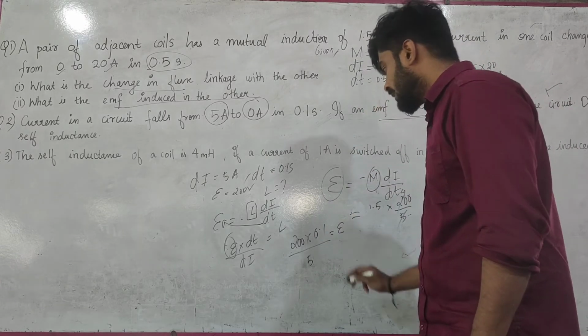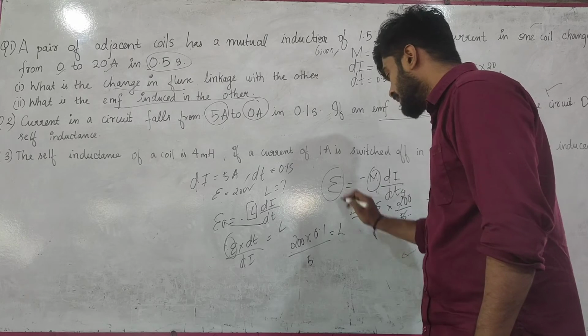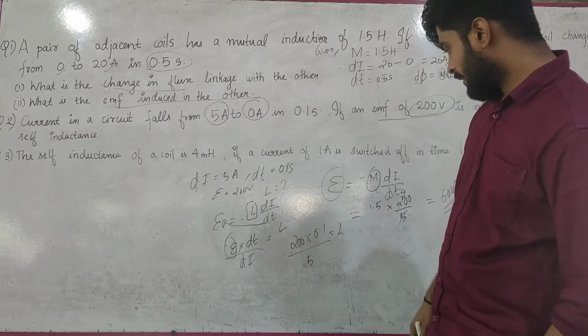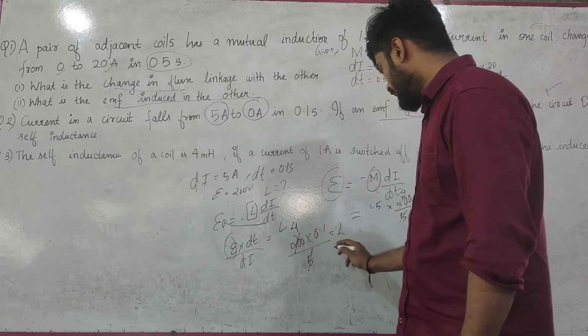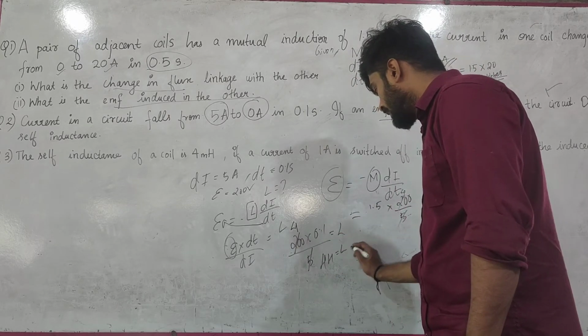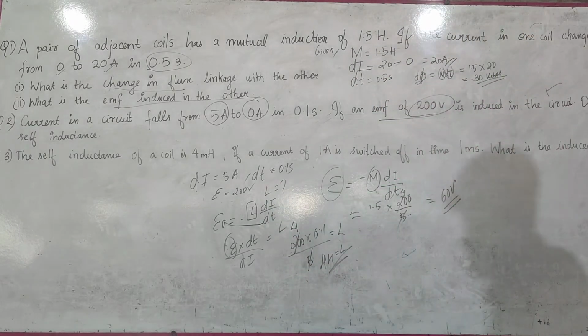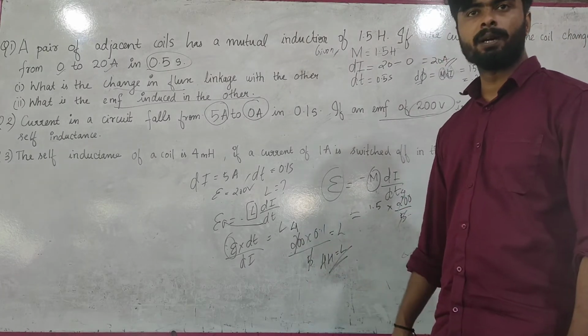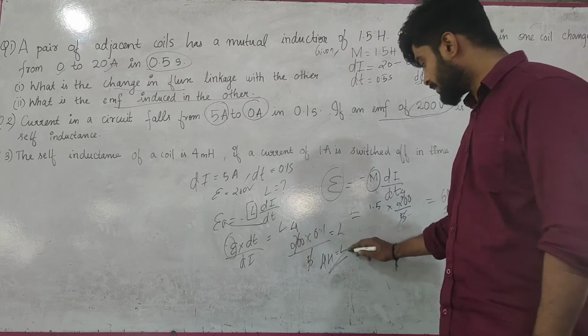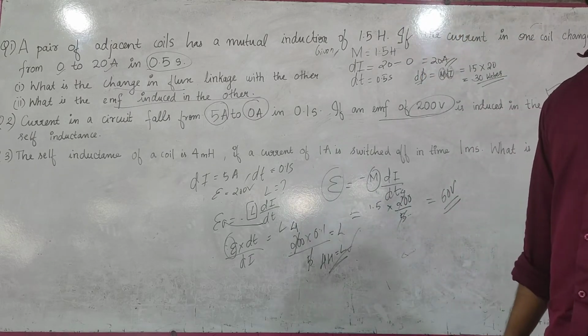This will be your self-inductance L, right? So you will get 40 multiplied by 0.1, it will be 4. So 4 Henry will be your self-inductance L.